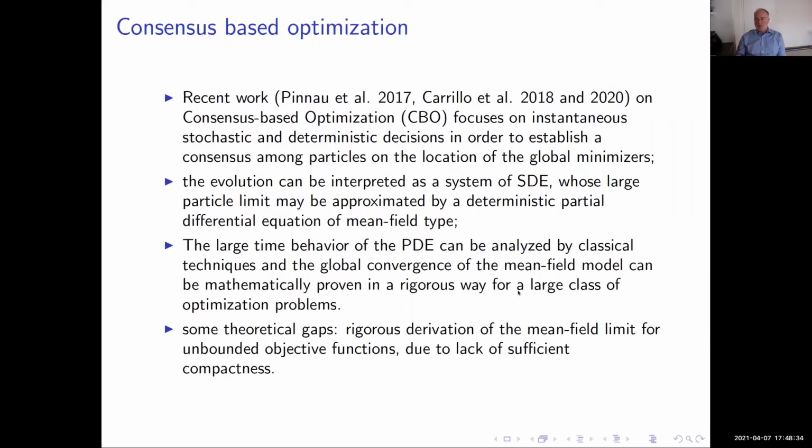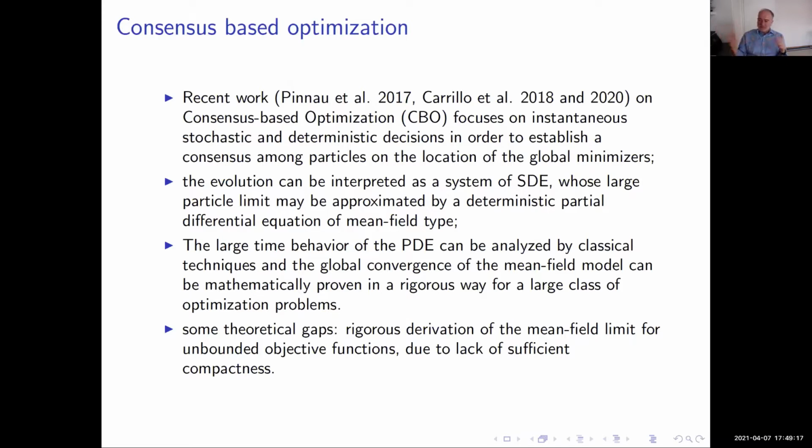There's one problem, though. In the original formulation of this kind of optimization on the flat, so on the Euclidean space, there is not enough compactness in the system that would allow, in general, to really prove rigorously the mean field limit, which means the approximability of the SDE system, or the description of the SDE system for the large particle limit, by the law, or the solution, of the corresponding Fokker-Planck equation.